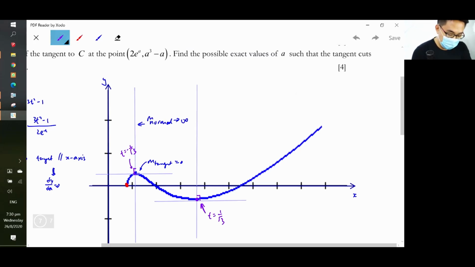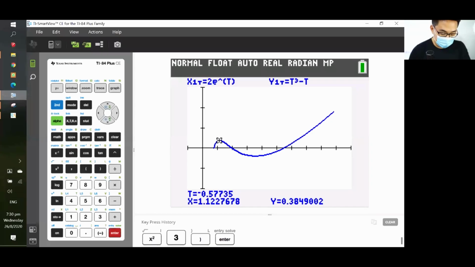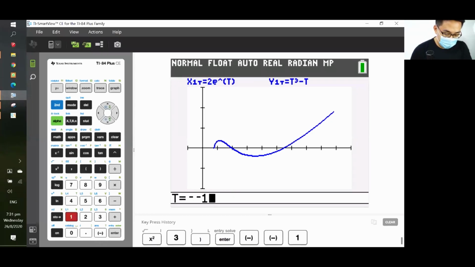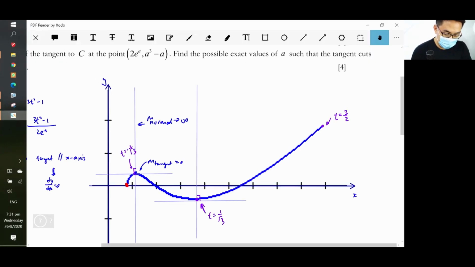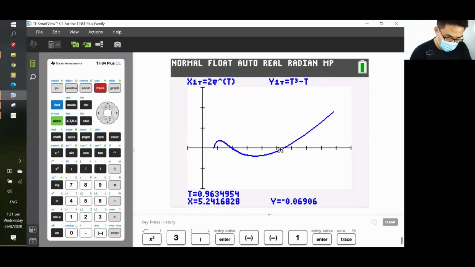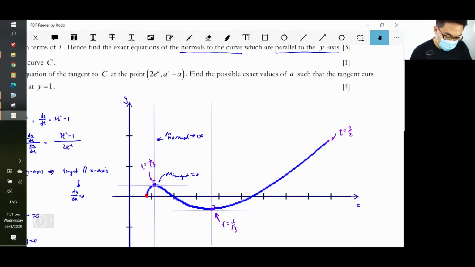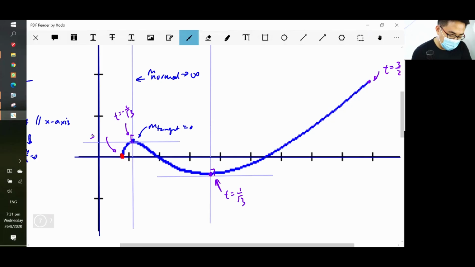Just know that the t's are the invisible force behind. So this is 3 over 2. How do I know that? I key in the calculator. So I sub minus 1 inside. I start off with negative 1, and it's there. Okay, so this is t equals minus 1. All this you need to know.